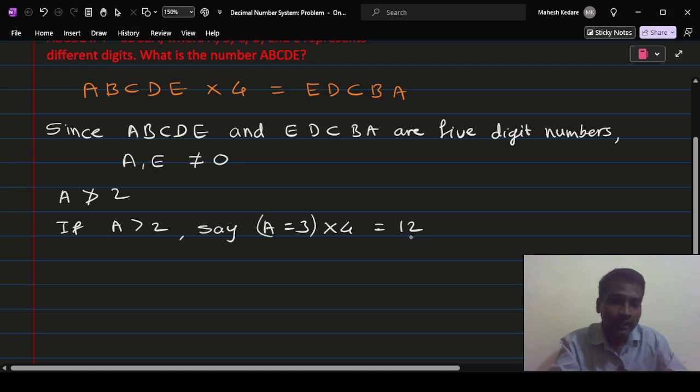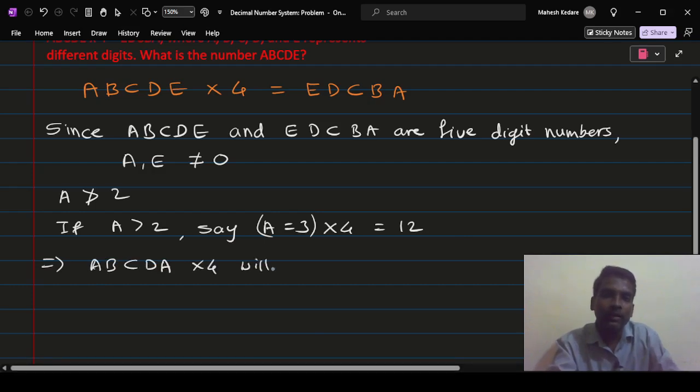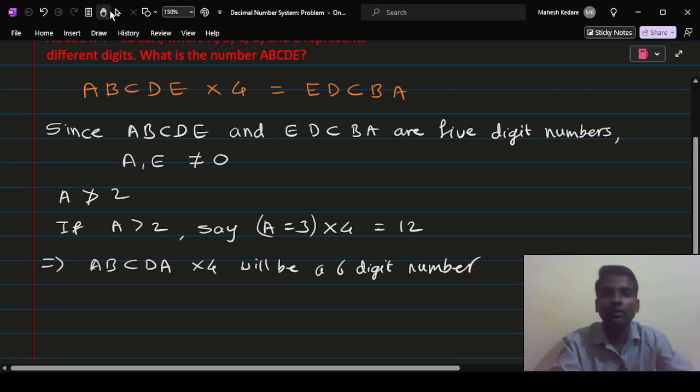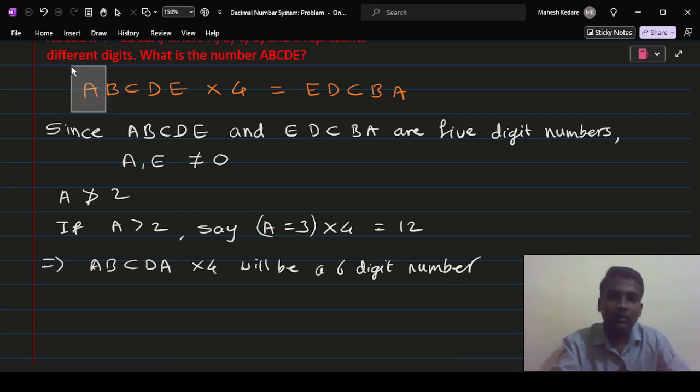And when it is 12, it will produce a 6-digit number. A, B, C, D, E multiplied by 4 will be a 6-digit number, because we are considering a digit that has the highest value, and if A multiplied by 4 gives us a 2-digit number, then this is an extra digit that is added and it will produce a 6-digit number, not a 5-digit number.